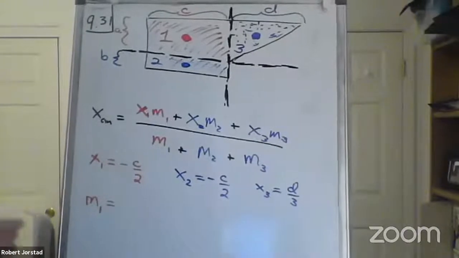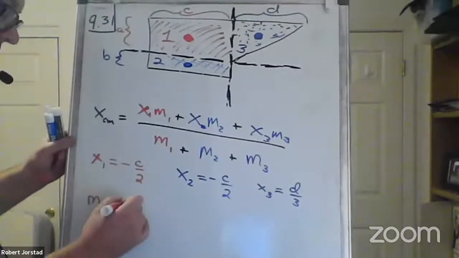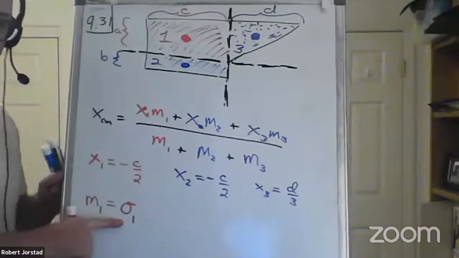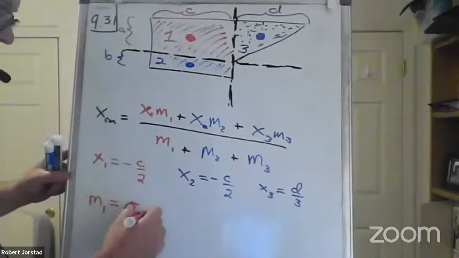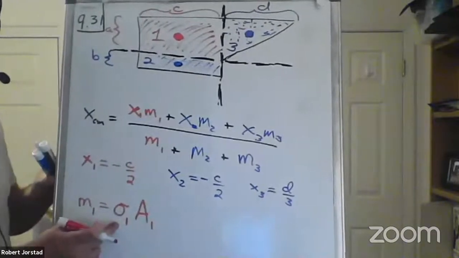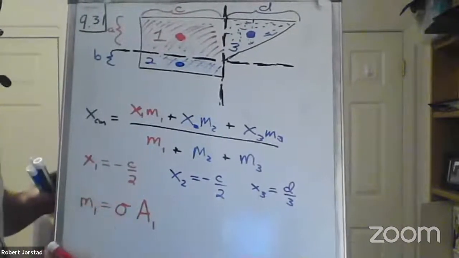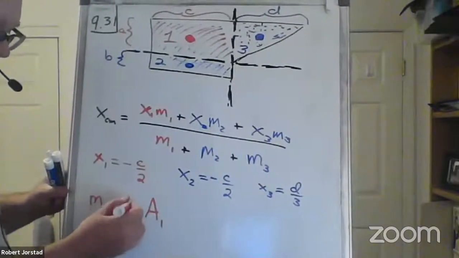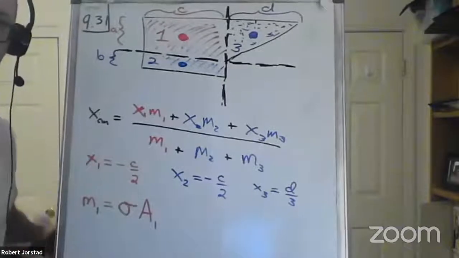So now in this case, I'm actually going to use sigma for the density. Normally we use rho. I'll explain this in just a minute. And we know all of them have the same density, so I don't even need a subscript on here. This is sigma, lowercase sigma. Circle, horizontal line.